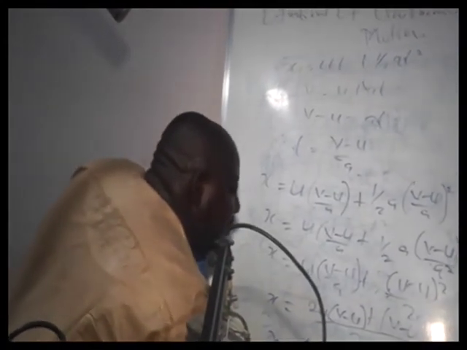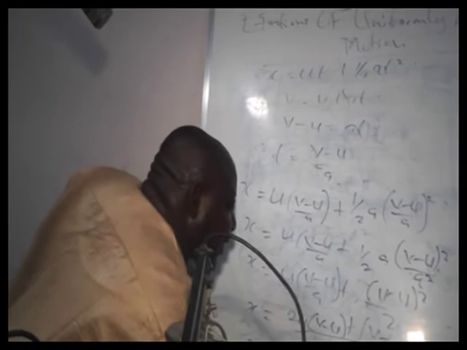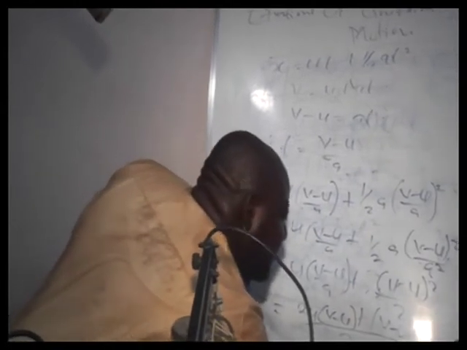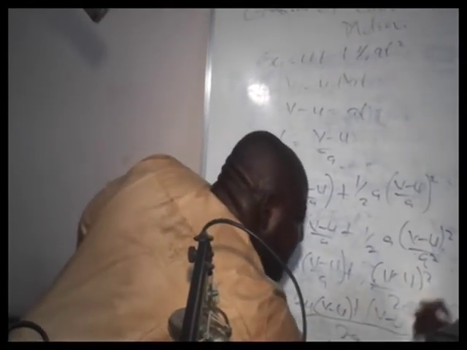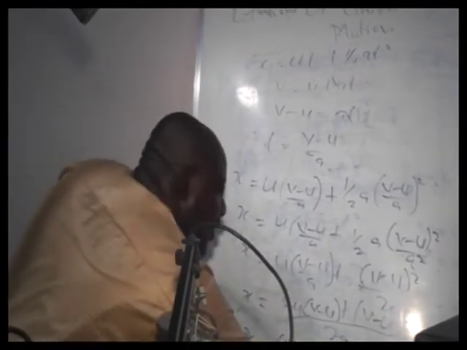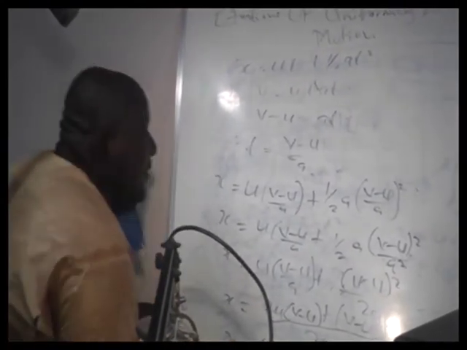Now our x will be equal to 2u times v minus u, plus v minus u all squared, all over 2a. Now I will proceed.